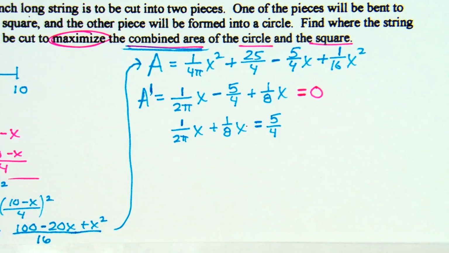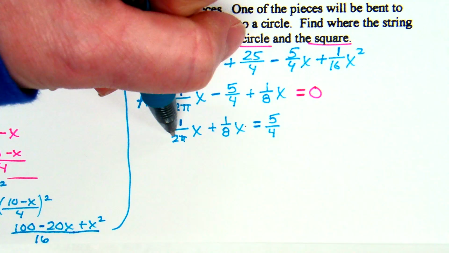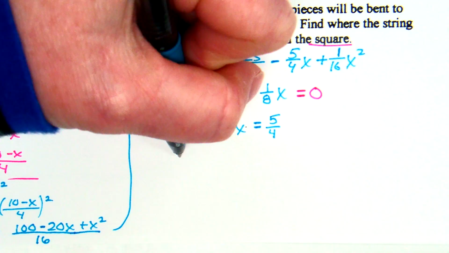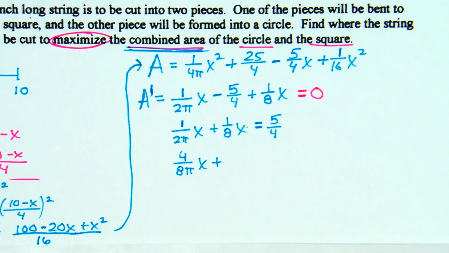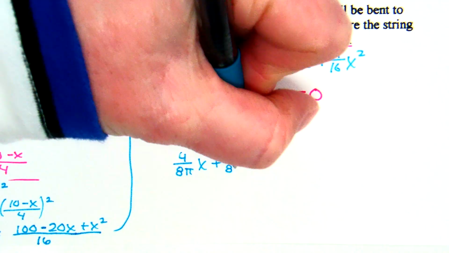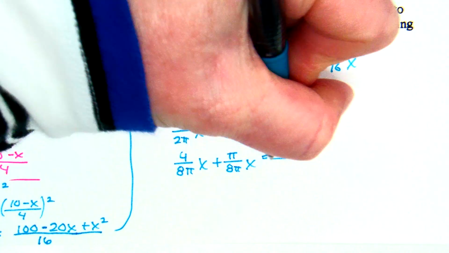Let me go with this option. If we say common denominator of 8 pi, what do we have to multiply the first fraction by? 4. And so it becomes 4 over 8 pi x plus, on the next fraction, if I want 8 pi, multiply by pi, so it's pi over 8 pi x equals 5 fourths.